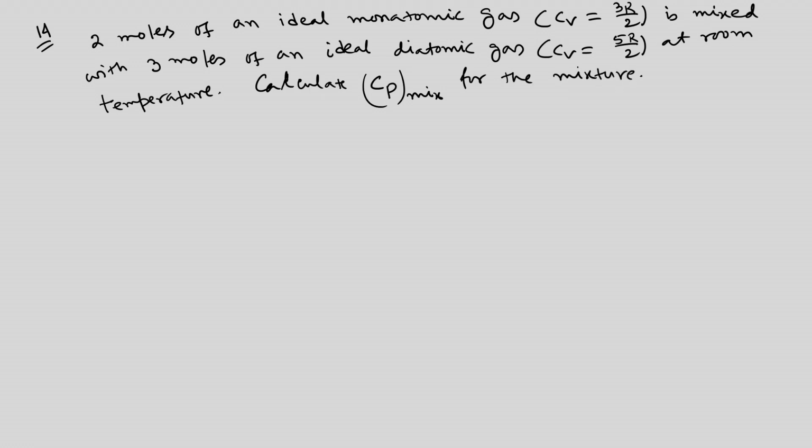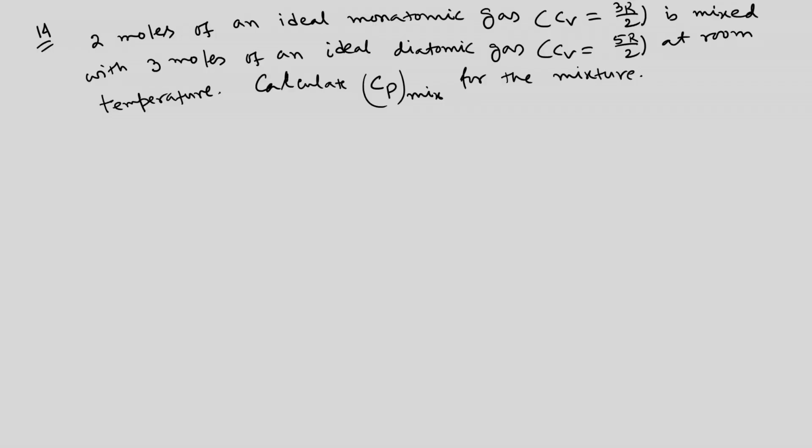A very simple problem. It says 2 moles of an ideal monatomic gas, for which Cv is 3R by 2, is mixed with 3 moles of an ideal diatomic gas, for which Cv is 5R by 2 at room temperature. You have to calculate Cp mix for the mixture. So, how to solve it? Okay, it's an extremely easy problem. The total internal energy is U1 plus U2.